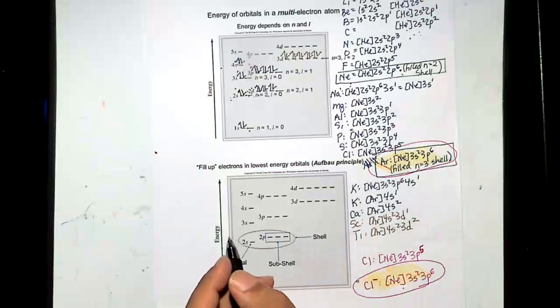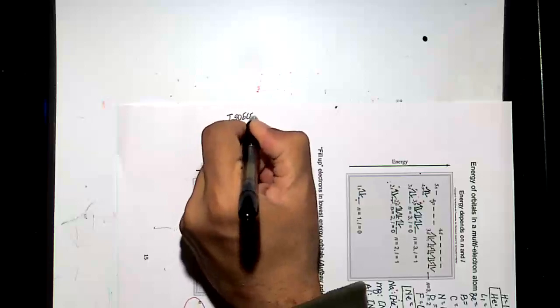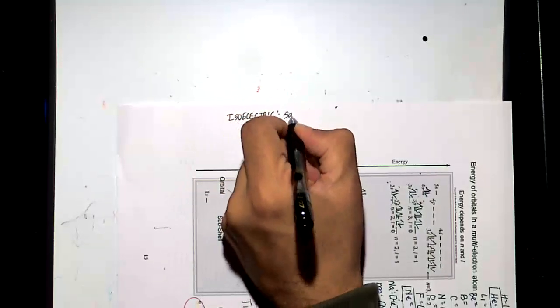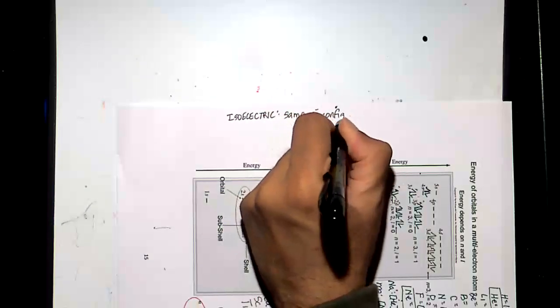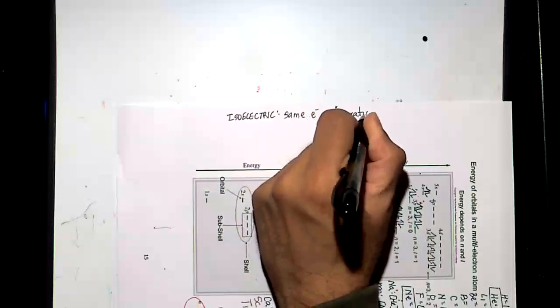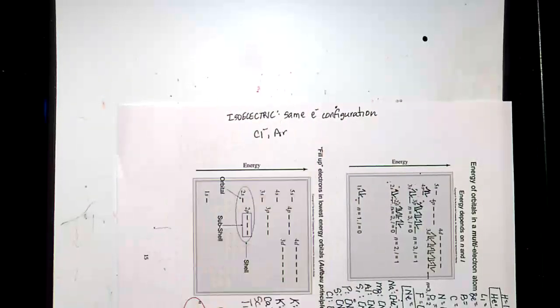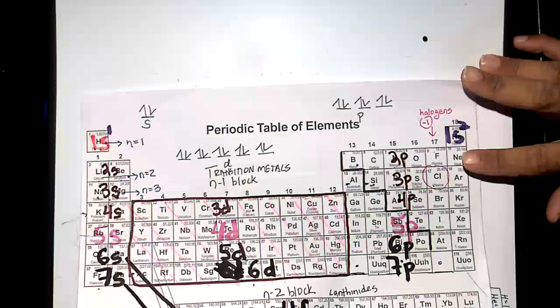It means same electron configuration. Cl minus and argon. Can you name anything else? This is why these like to be minus 1.